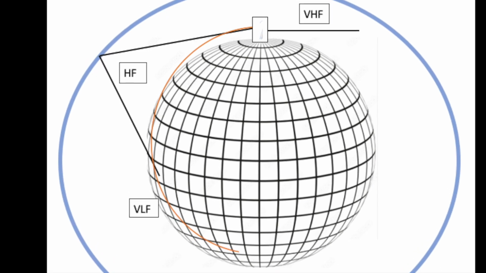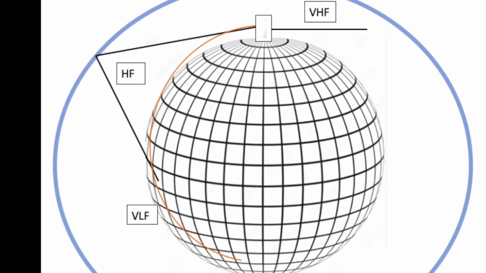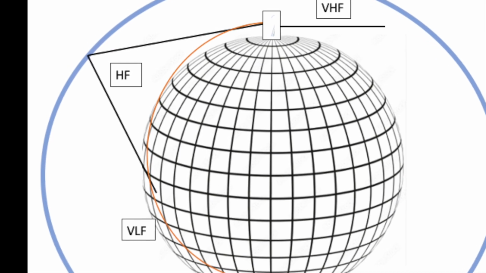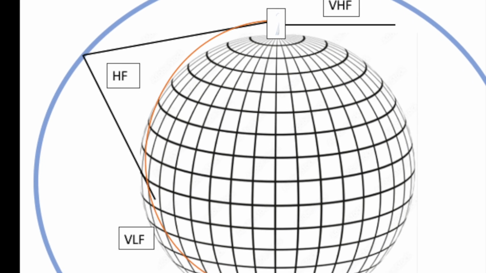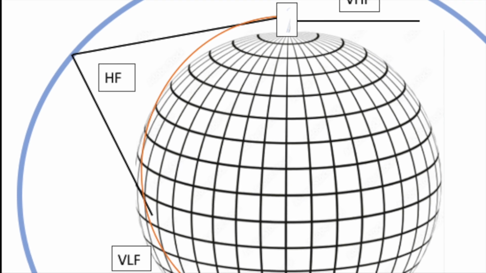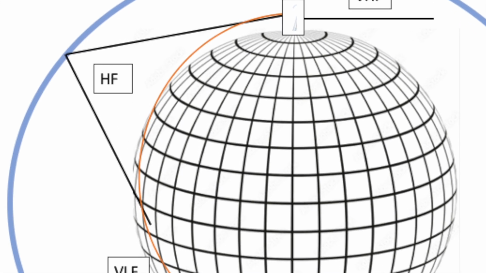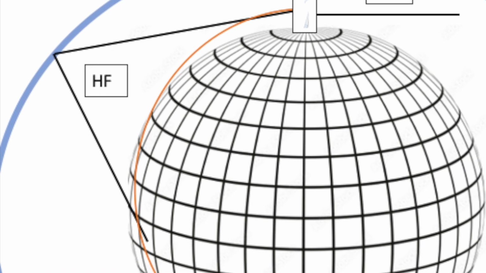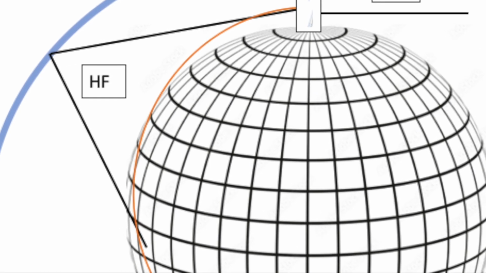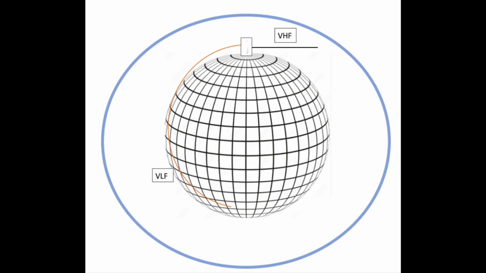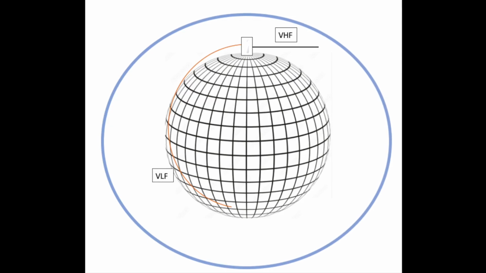One goes around the curvature of the Earth to a certain point around the globe, and the other one goes to the ionosphere and bounces back to Earth, and that's why we hear these communications over a long distance. It is used also till today by the radio amateurs that use these frequencies to talk to each other.